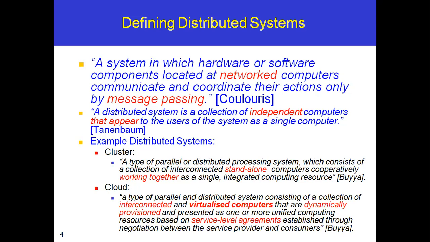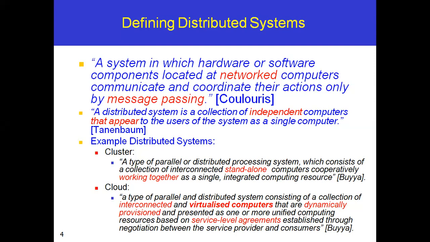In the previous cluster, I told you, a collection of interconnected standalone computers cooperatively working together. Here in the cloud, it is interconnected and virtualized computers that are dynamically provisioned and presented as one or more unified computing resources based on service level agreements.